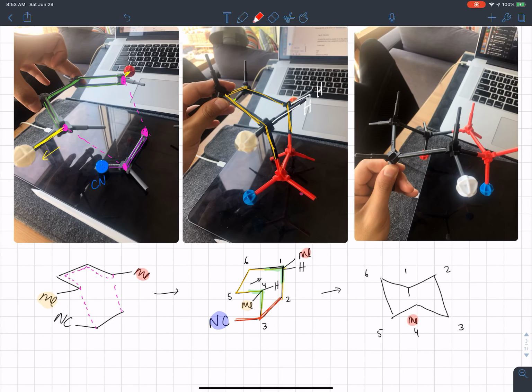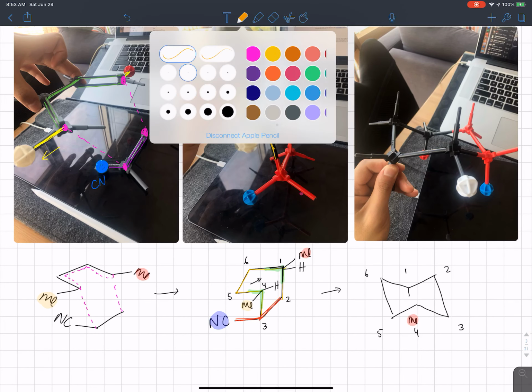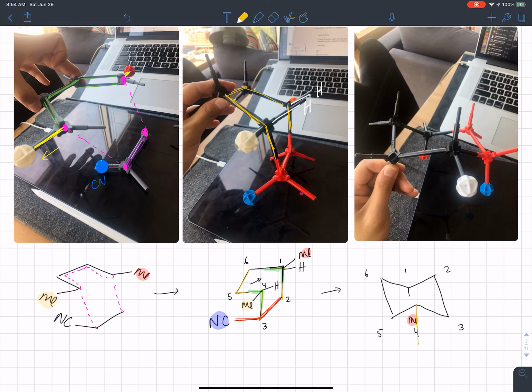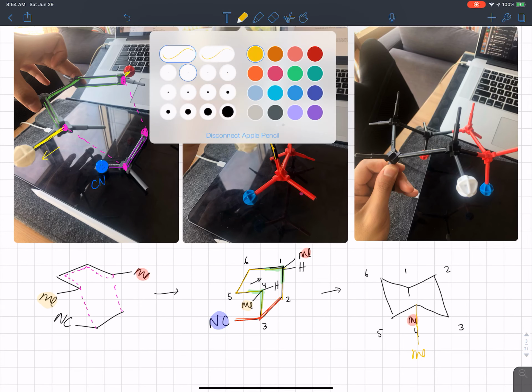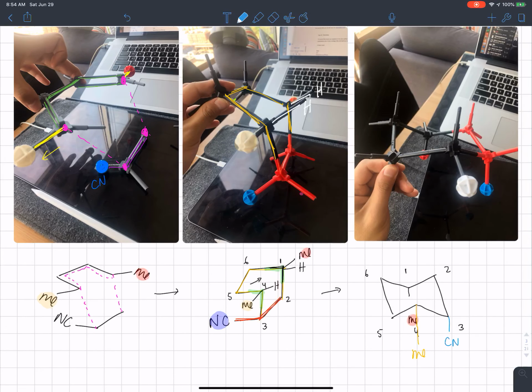For our yellow methyl, it's at carbon 4, which is also pointing down. And at carbon 3 we have the cyanide group, which we know, because it's facing inwards, is going to end up pointing down.